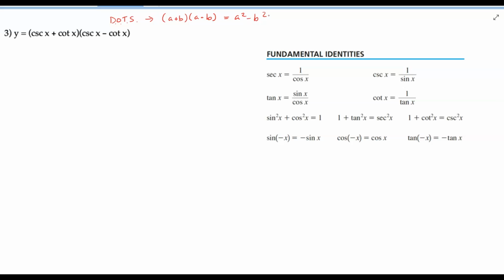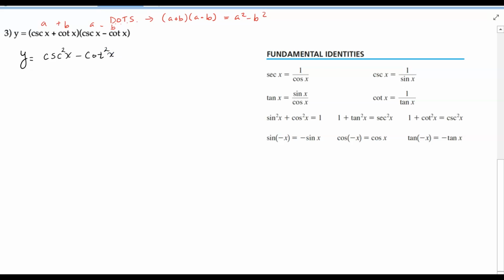So that's what's going on here. You have a difference of two squares. This is a, this is b, a plus b, and a minus b. So all we have to do is square the first, square the second, and subtract. So let's write this out. y equals the cosecant of x squared minus the cotangent of x squared.